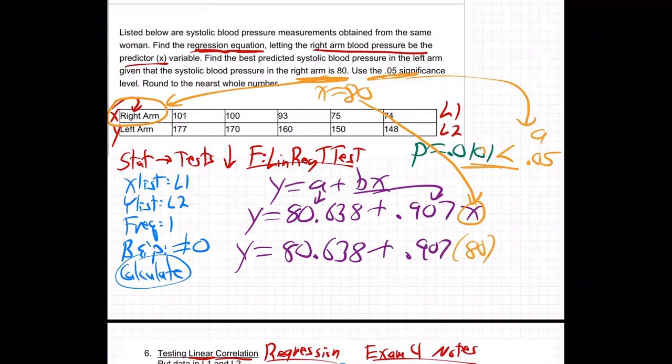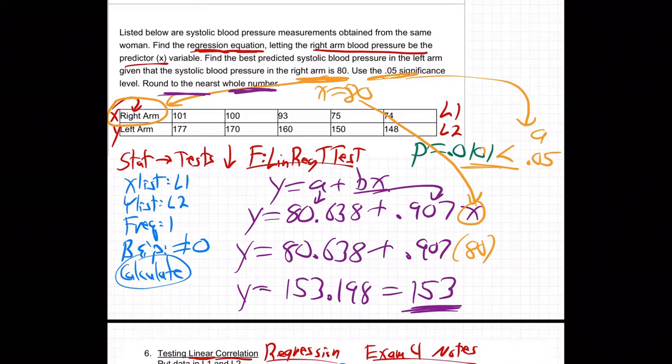Hit the buttons on your calculator, and I'm getting 153.198. They said round to the nearest whole number, so we'll just say 153. So there we go.